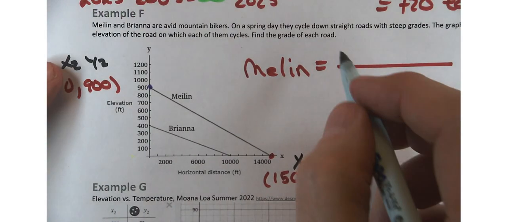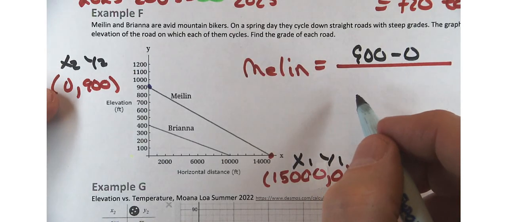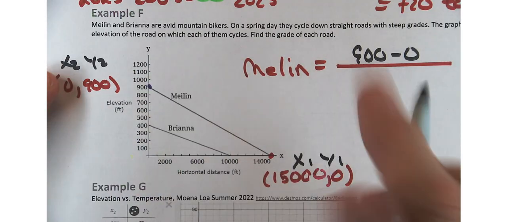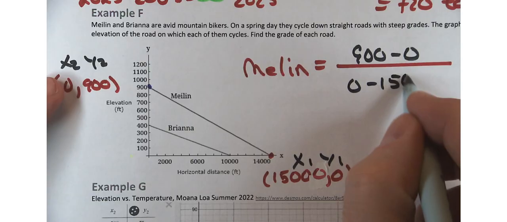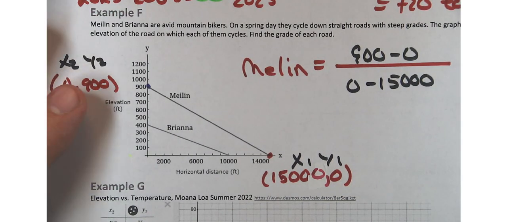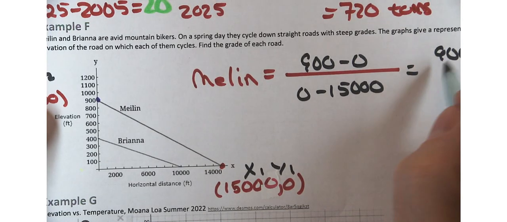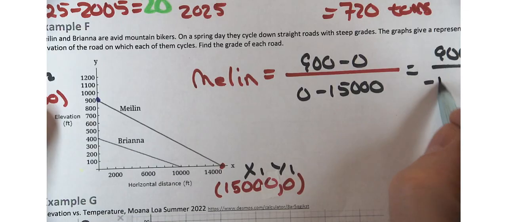So 900 minus 0 over 0 minus 15,000. Now what happens all too often is that people lose the negative sign here. You end up with 900 over negative 15,000.